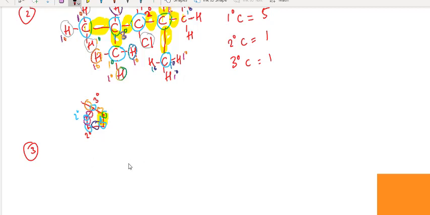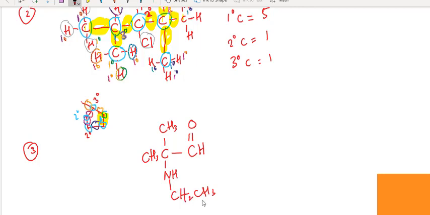Okay, for example, if the question asks us to classify this structure: CH3, C, CH3, NH2, C, H, double bond, O. Okay, so to make it interesting, C, CH3, this one CH2. Okay, so we are going to classify the carbon here.